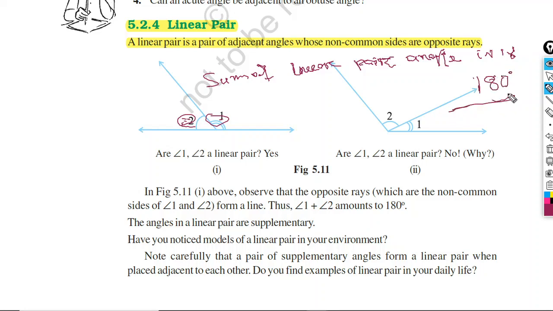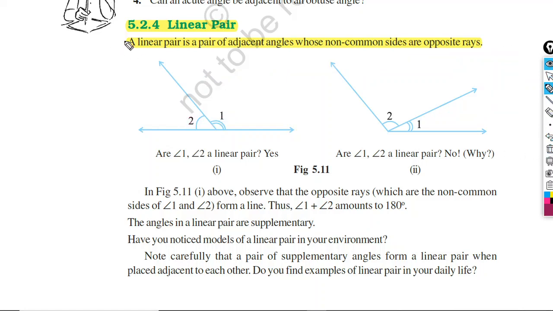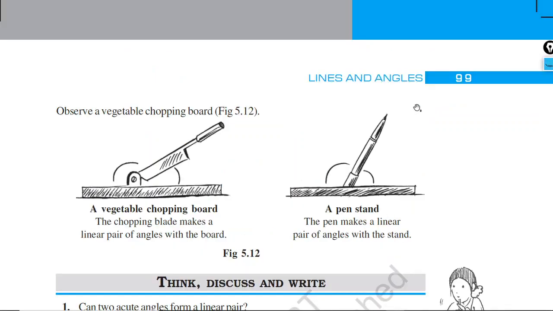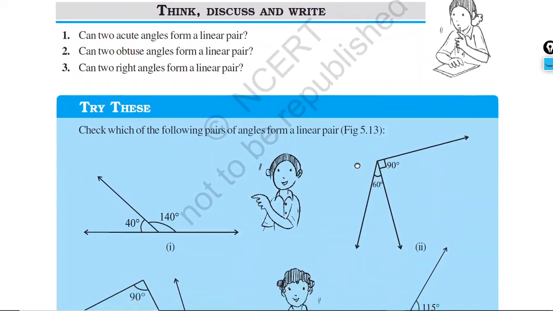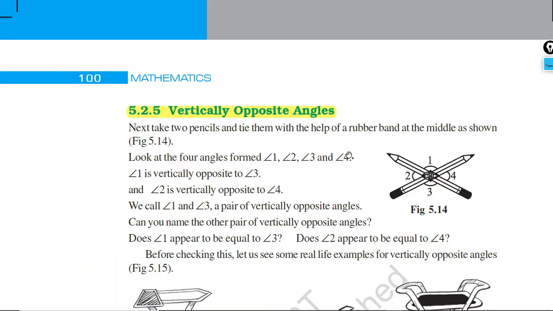Okay, the sum of the linear pair angle is 180 degrees. Okay, now you know about linear pair angle. Again, there is a try this with this linear pair. You try it.